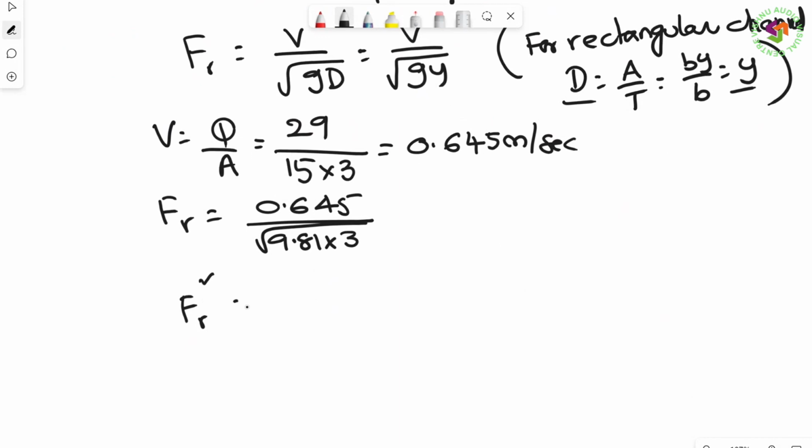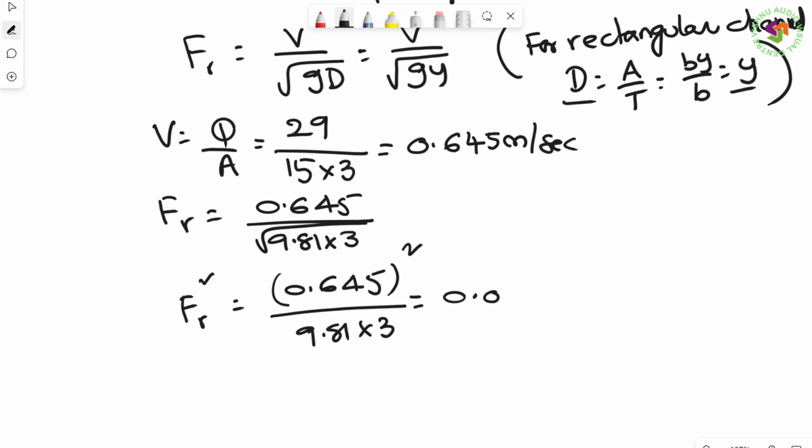FR square is equal to 0.645 whole square divided by 9.81 into 3. If you calculate this, it is 0.0142.